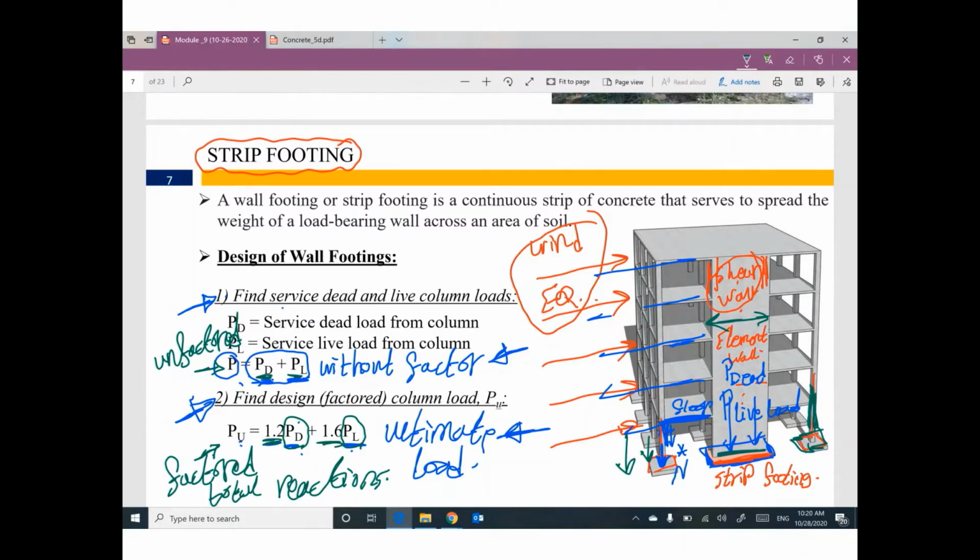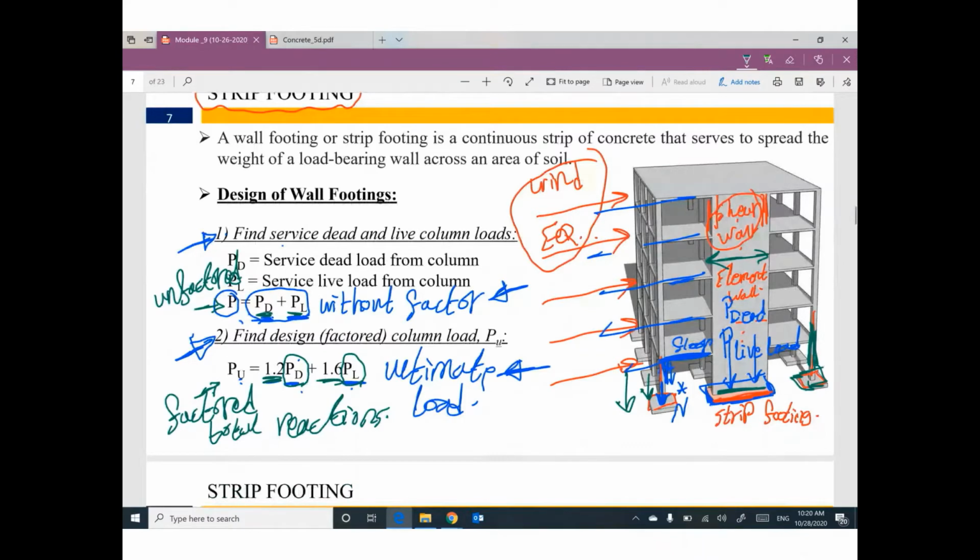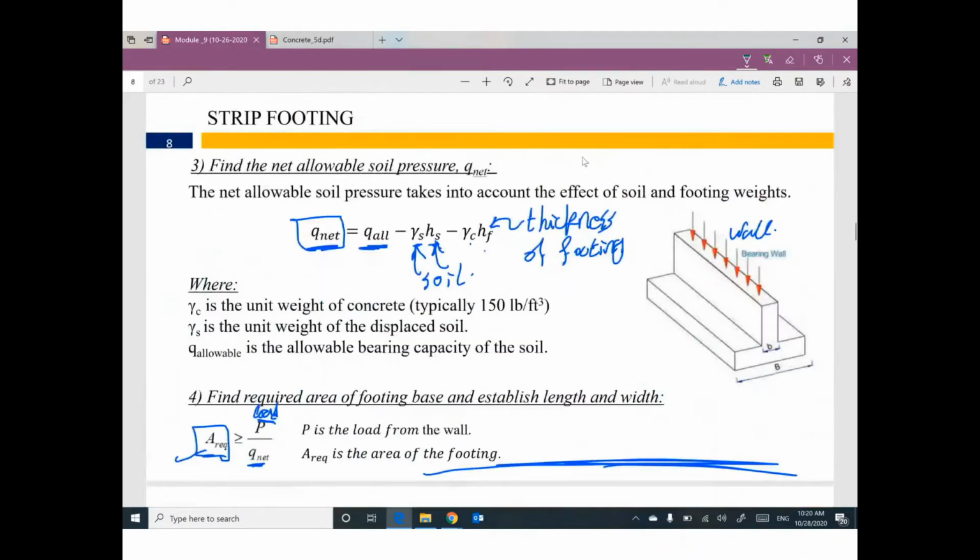Anyway, third step, we need to calculate the Q net. Q allowable is given by the geotechnical engineer.